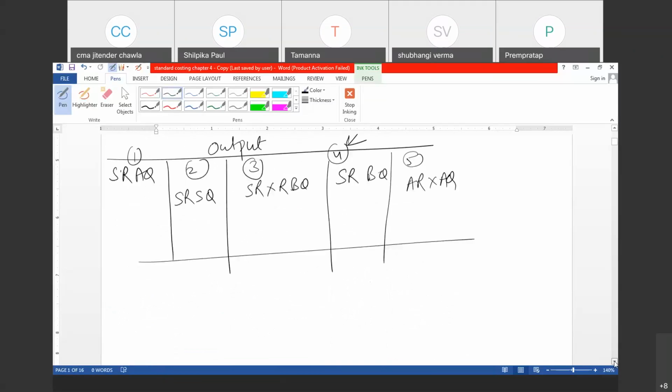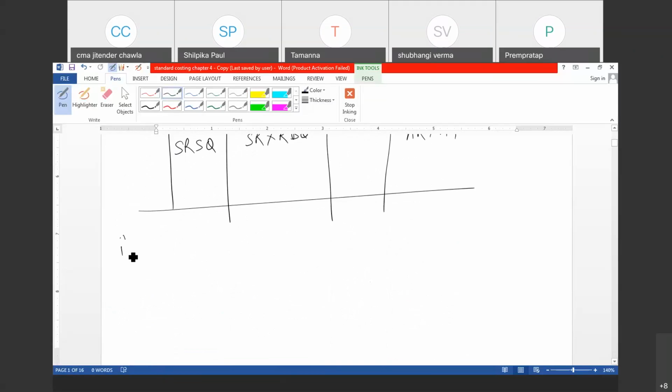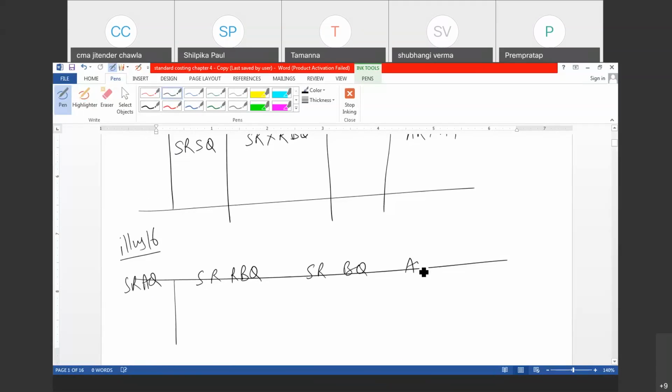But there is a problem when you do illustration 16. For that, I am again preparing a new table. SRAQ, SRRBQ, SRBQ, ARAQ. This is 1, 2, 3, 4.